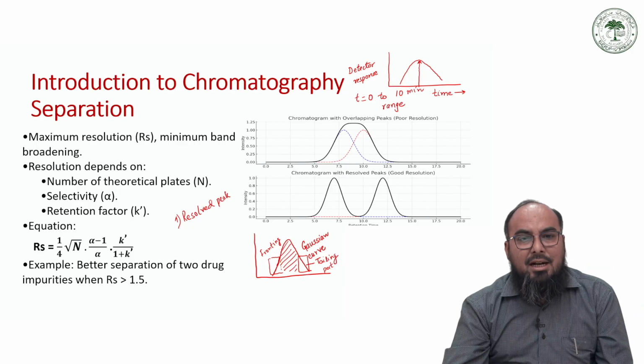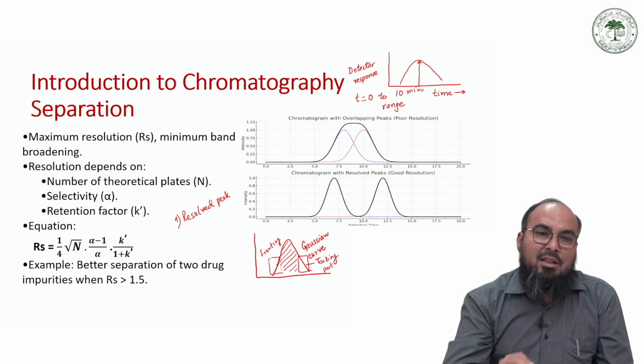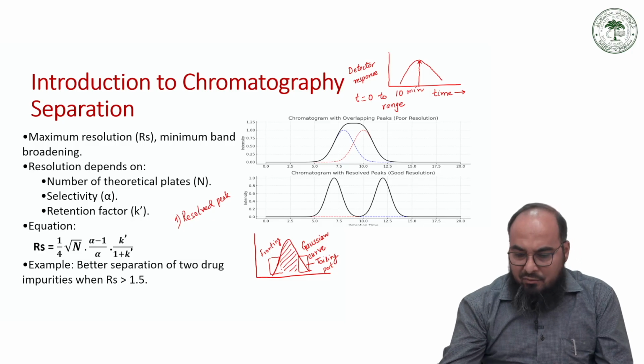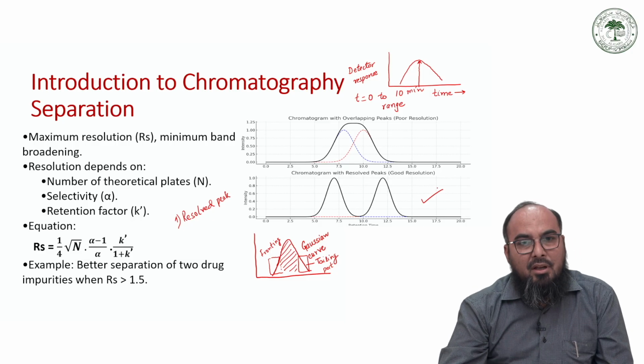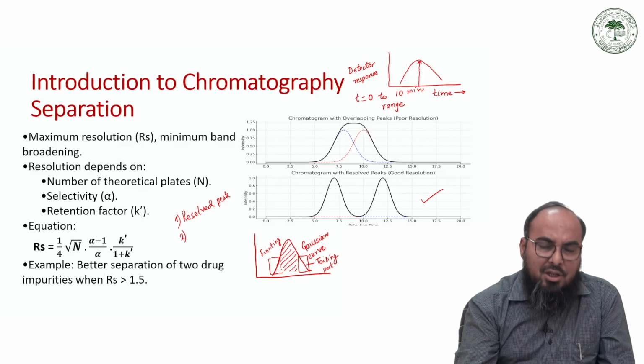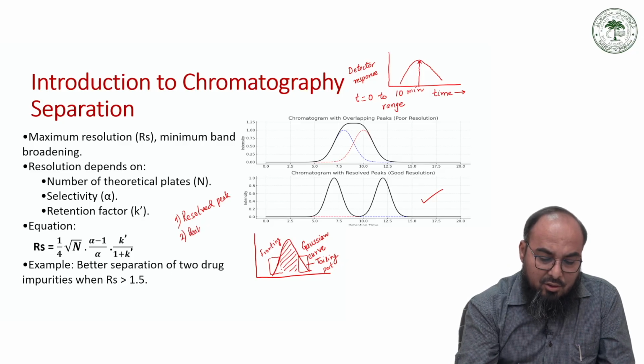Number one condition is that you get a resolved peak, that is, it should be separated from the other peak very well, which you can see here. And the number two condition is that the peak should not be broad.